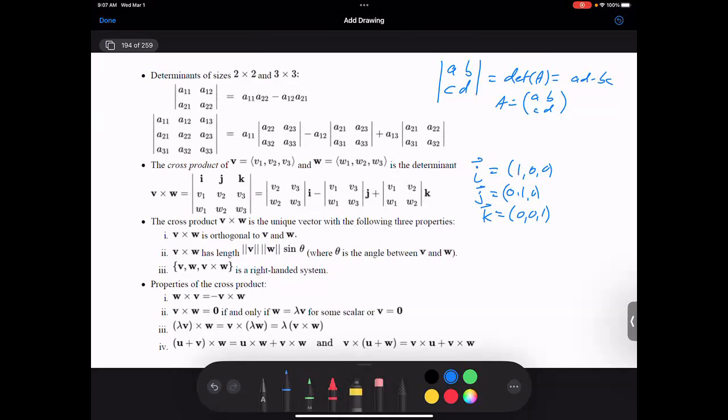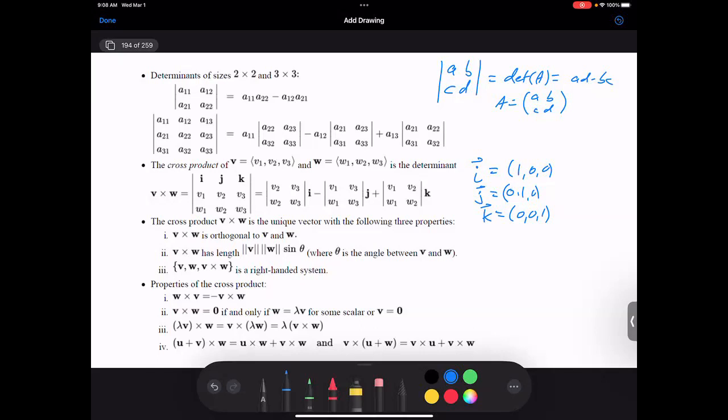This is really illegal. When we have the determinant of a 3x3 matrix, using the definition, I'm putting in 9 numbers. But now, I'm not really going to use 9 numbers. I'm going to use 3 vectors for the first row, and then 6 numbers for the remaining 2 rows. I'm just treating this as a mnemonic.